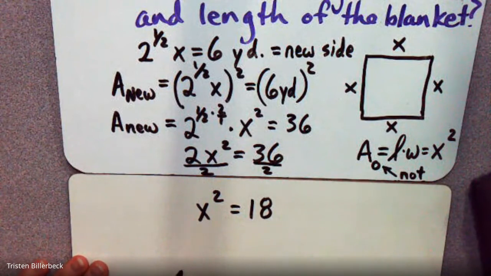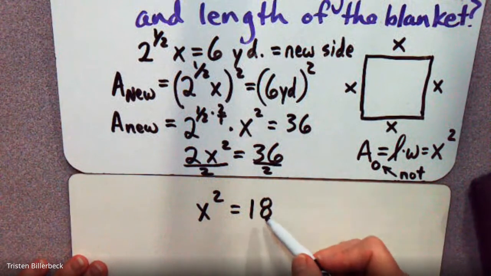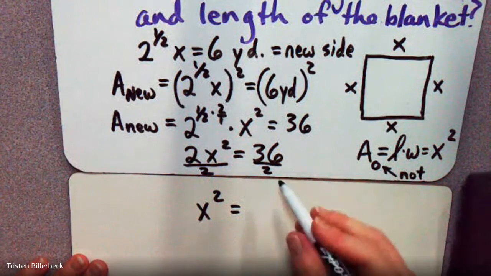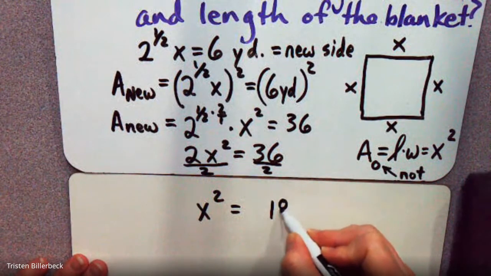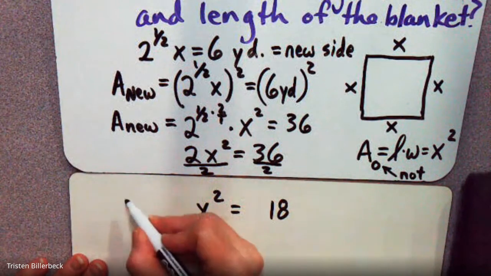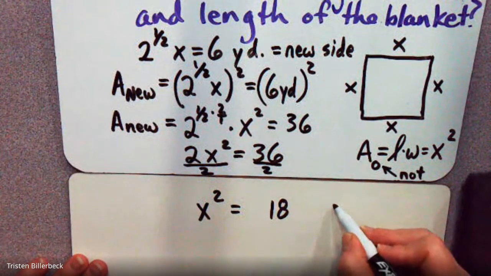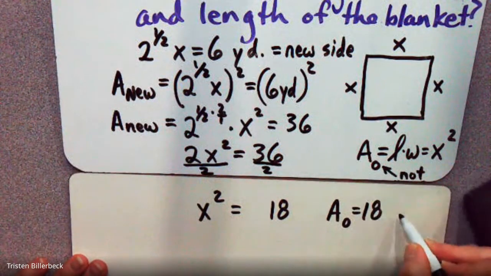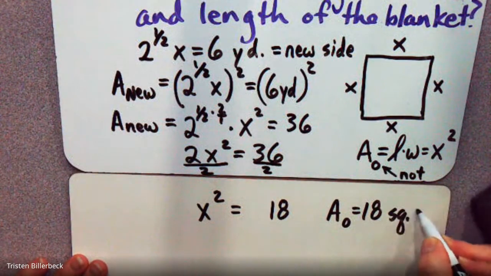So now what I can do is I can take the square root of square, and I can take the square root of 18. Let me make a little room here. So I know that the original area now, I can say A naught equals 18 square yards.